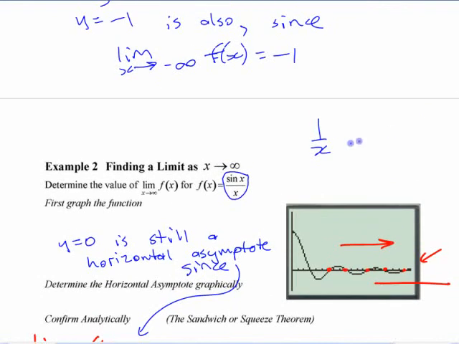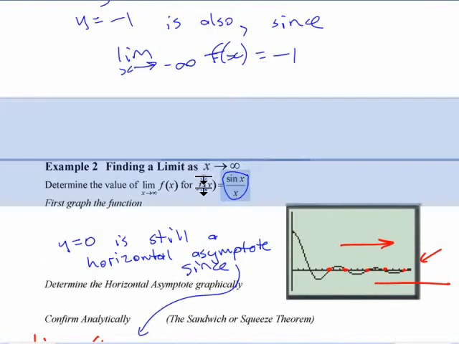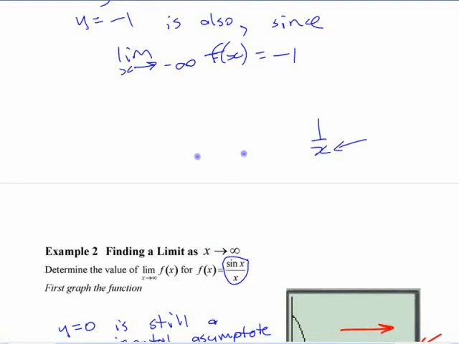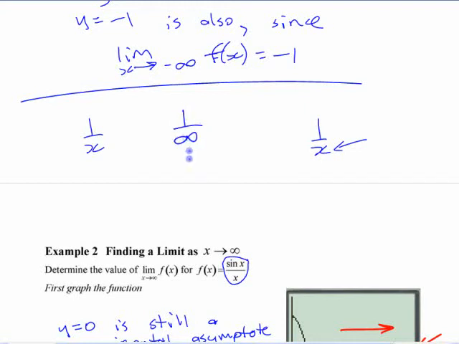Since it's just one value over another here, how can you tell pretty quickly that this is going to have a limit of 0, 1 over x? You can't really substitute in infinity, but you can think about 1 over infinity, 1 over a bigger and bigger number. What happens with that? Closer and closer to 0, right?